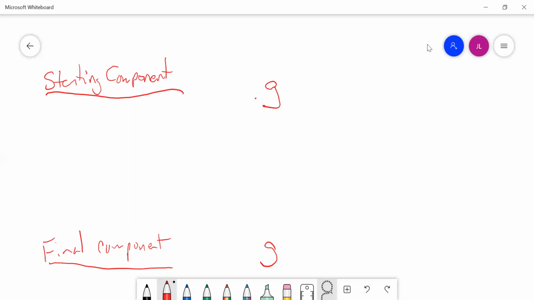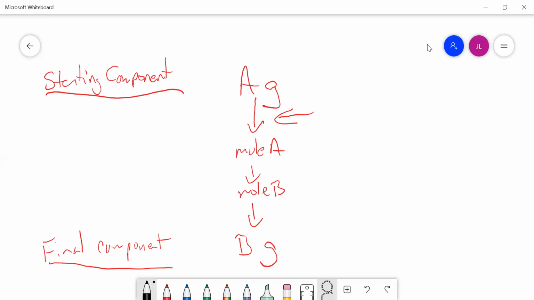So we'll call this A, call this B. We want to get to moles of A, so we can get to moles of B, so we can get from there. If we're going from grams to moles, we want to use molar mass.